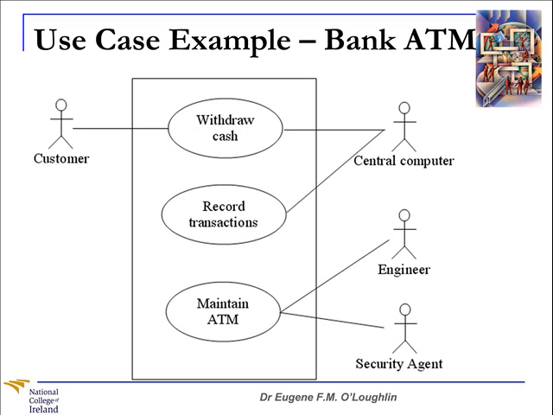And you can see in the diagram here which user interacts with which use case. The customer, for example, only interacts with the use case withdraw cash. A customer doesn't interact with record transactions or maintain ATM. You can see that the central computer interacts with two use cases, but not with the third, maintain ATM. And that the engineers and the security agents only interact with maintain ATM.